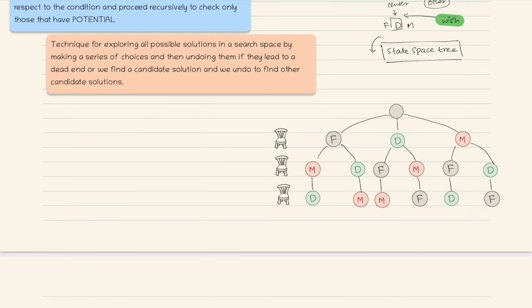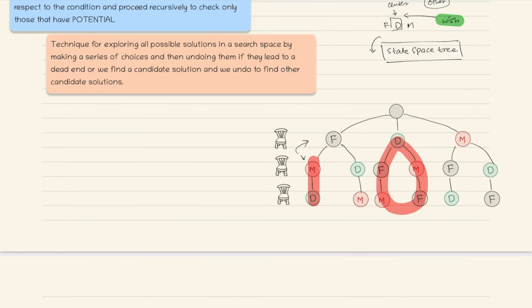In that case, there is no need to traverse this subtree further. We should just backtrack from there. That's how backtracking takes a decision at this point, and it is going to backtrack. And here you can see if daughter is sitting in the first chair, there is no need to traverse further, so we can skip all traversal of that subtree.